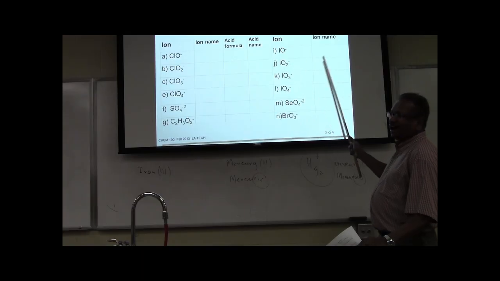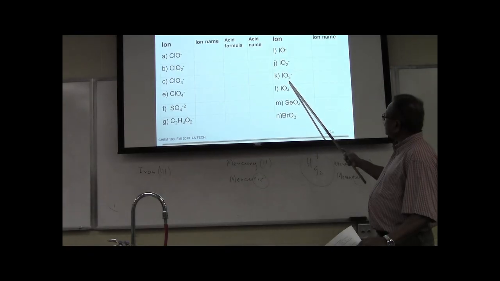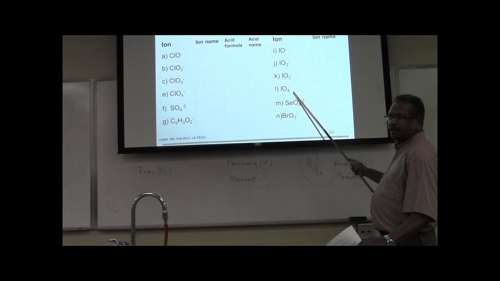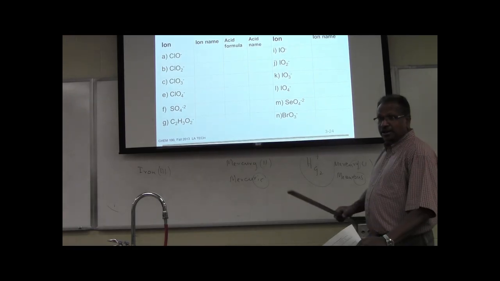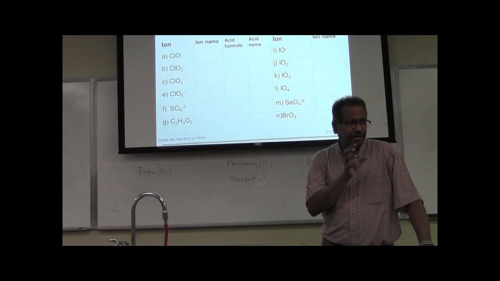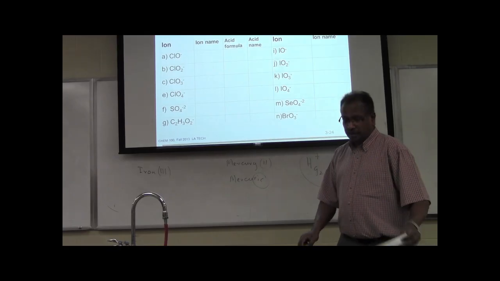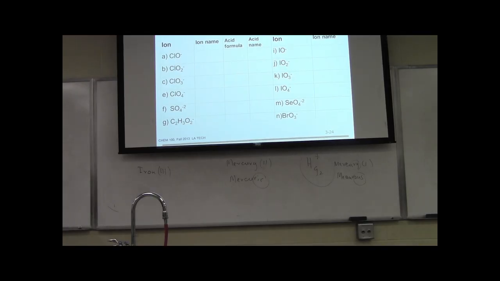This is going to be iodite, right? This is going to be iodate. This is going to be periodate, right? Where you had the chloro part, you put the iodine part, right? Iodo, chloro, right? So it's given here. You see how I got it?